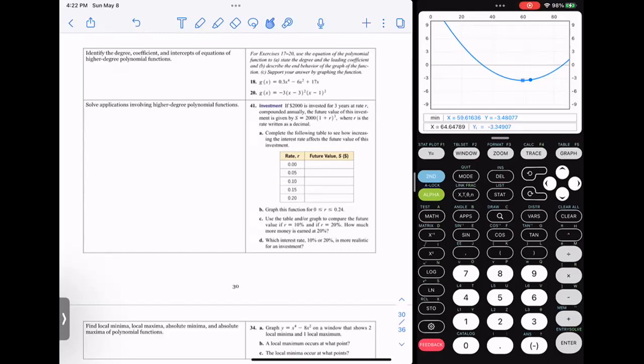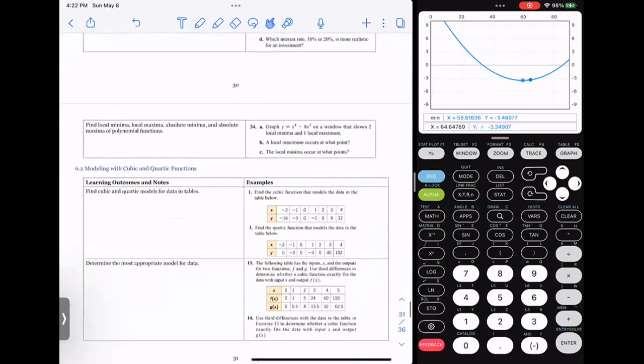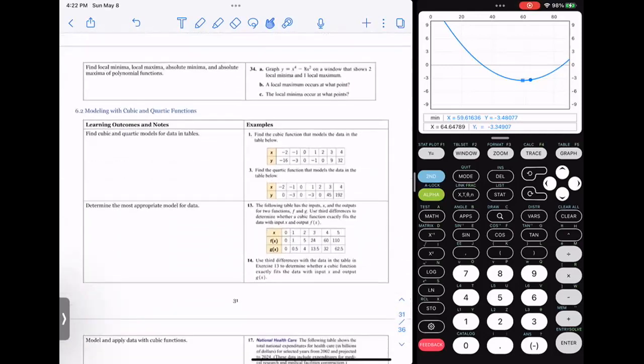Plug in each value for r that they give on the table there. They also ask you to graph it from 0 to 2/4, and you just substitute r.